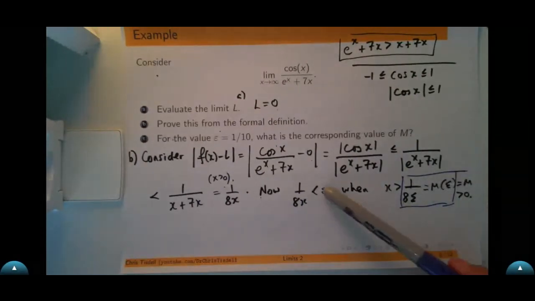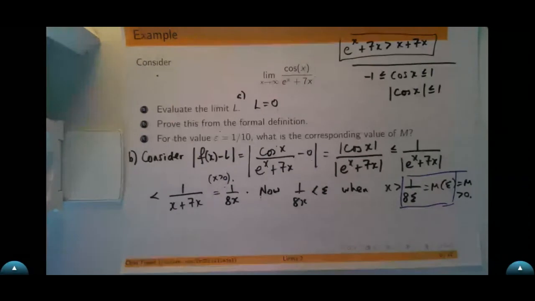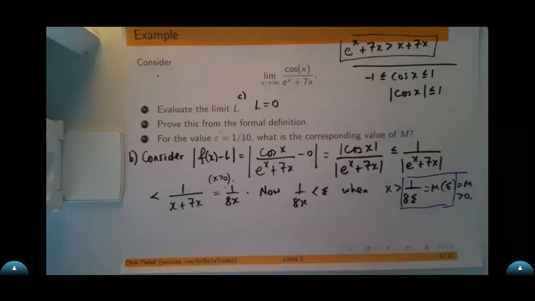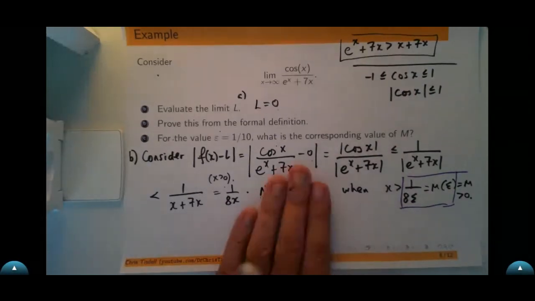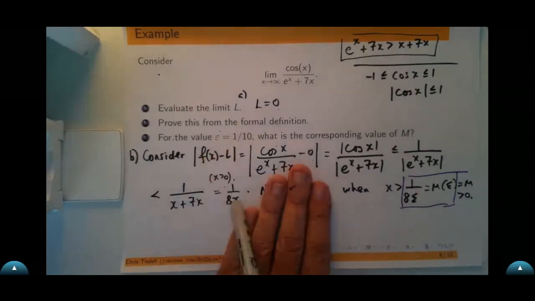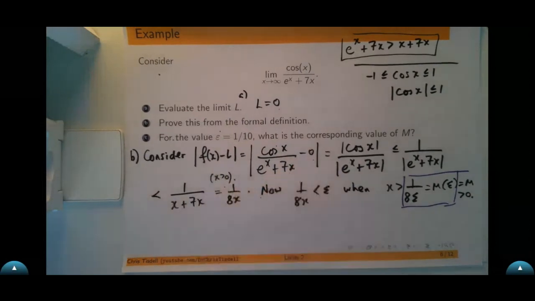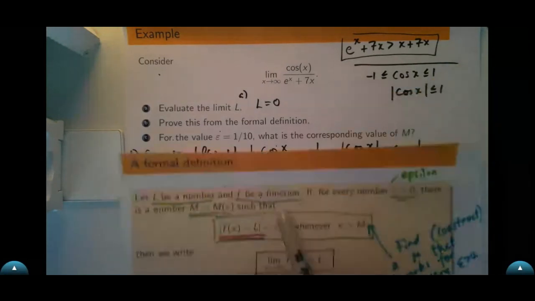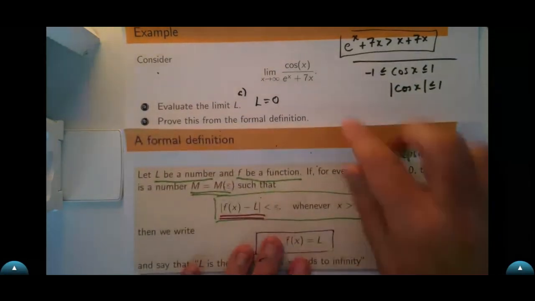Nicholas, like divide both sides by epsilon and multiply both sides by x. Okay. So do you mean going from this step to this step? Okay, so what I'm trying to do, right? So I've got this less than that, right? And I want to basically show that this distance is less than epsilon, right?